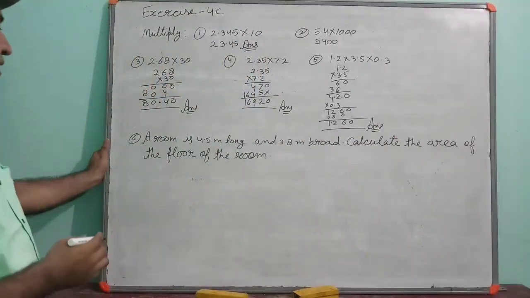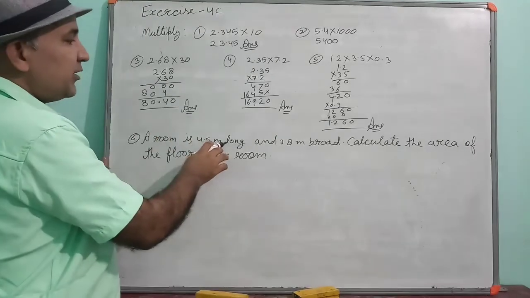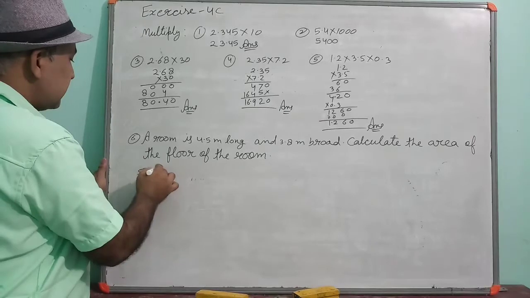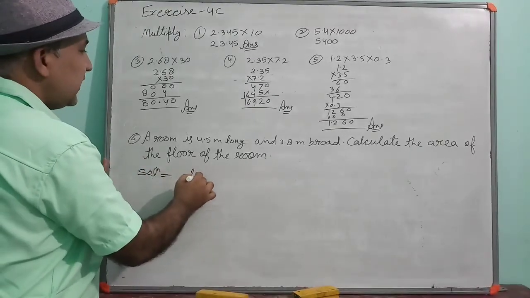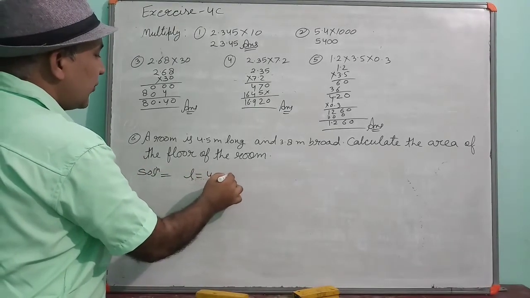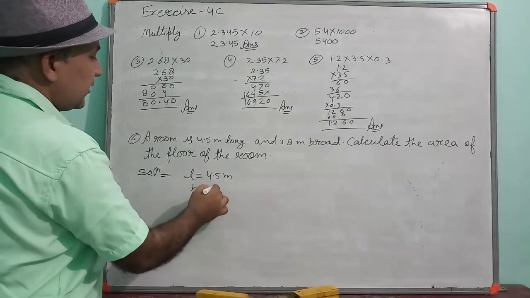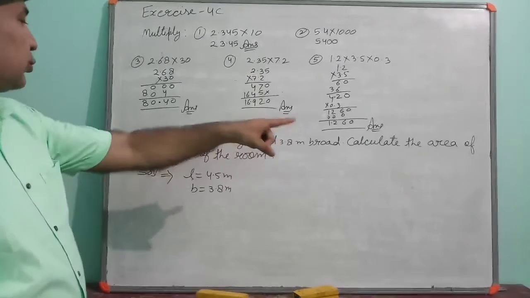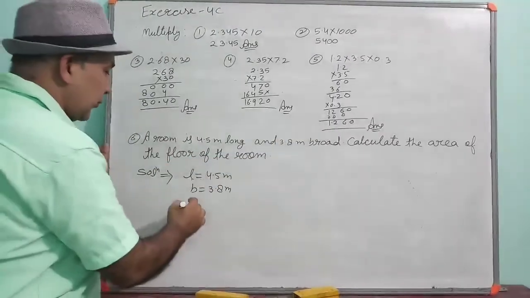Now see here. A room is 4.5 meter long and 3.8 meter broad. That means length has been given 4.5 meter and breadth has been given 3.8 meter. Calculate the area of the floor.